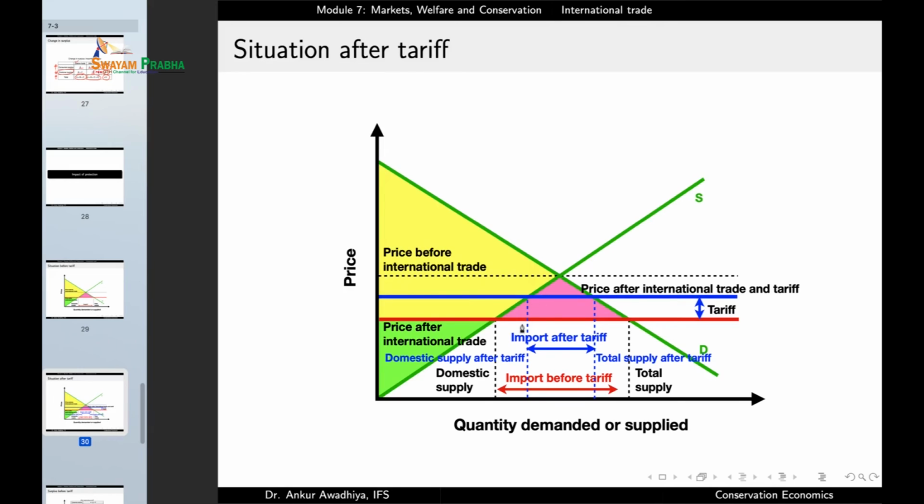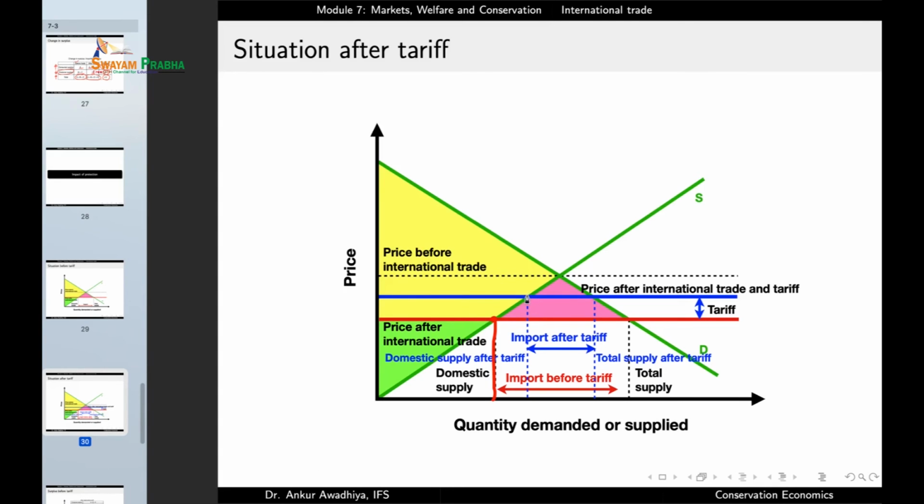Now, in such a situation, what happens? Earlier, we were observing that this much was the domestic supply. The domestic supply was given by the point of intersection of the domestic supply curve with the international price, or the world price.